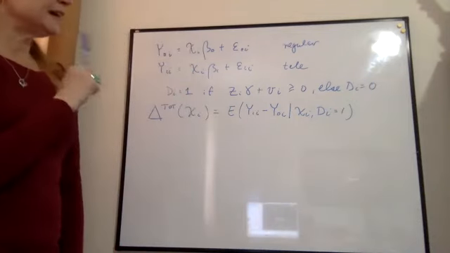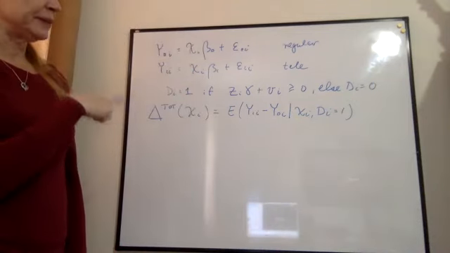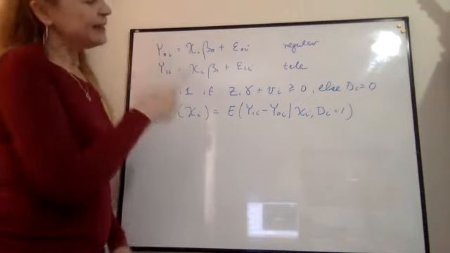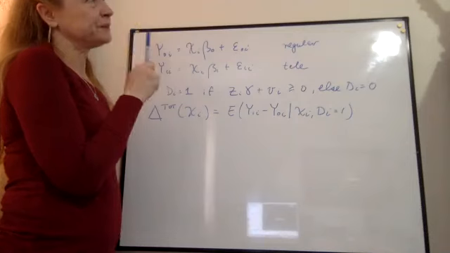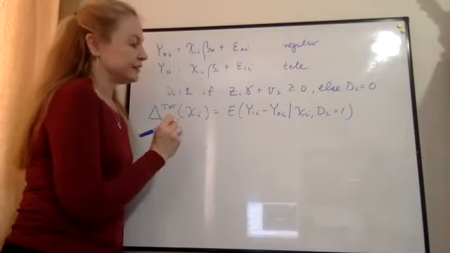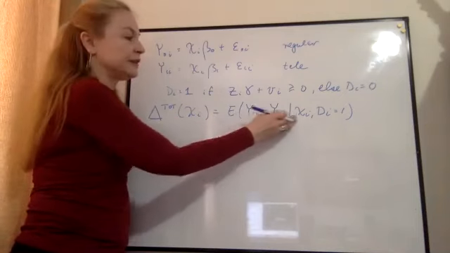Actually, I think probably I should type some of this up and make a little handout. It is kind of in the notes. I don't know if it's exactly in this notation, but this is treatment on the treated.